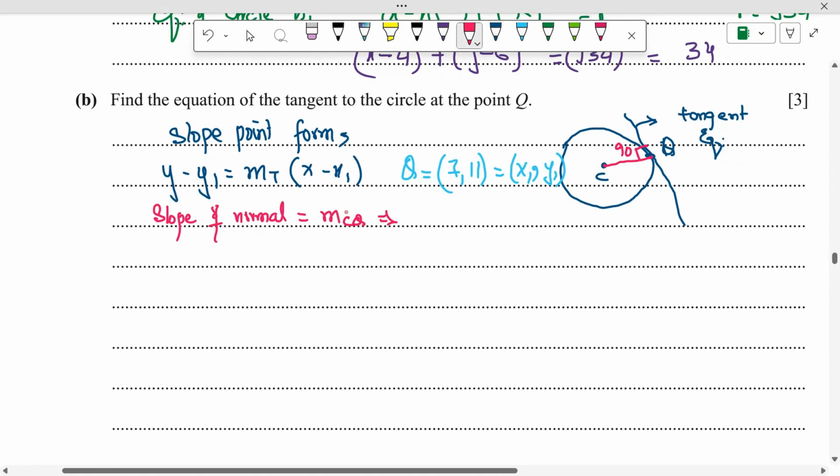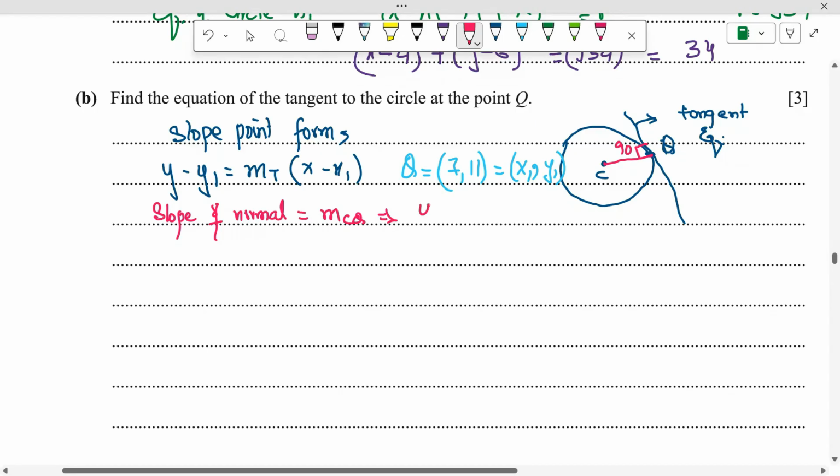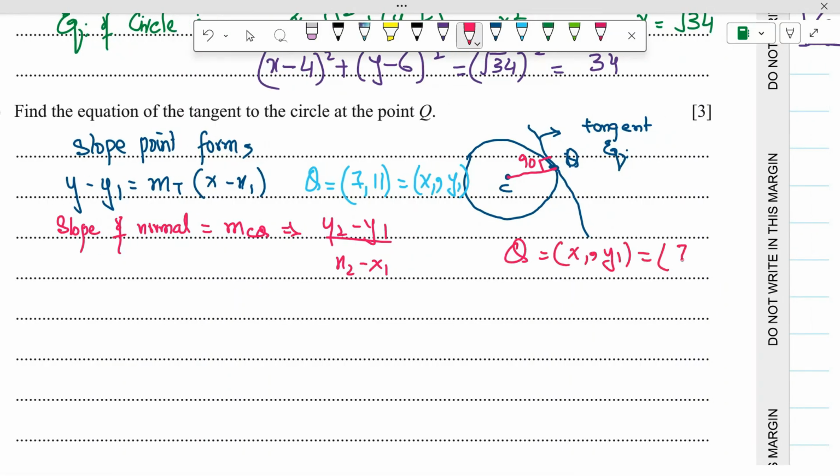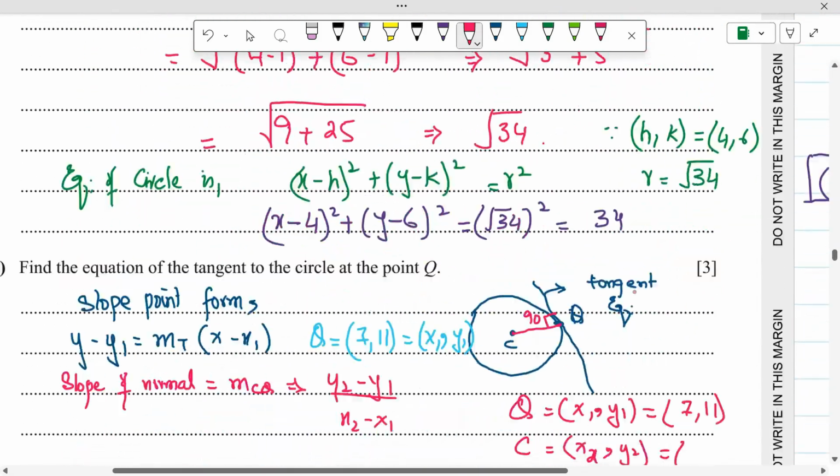So first we find the slope of CQ by using the formula, which is (y2 minus y1) over (x2 minus x1). In this case, Q is (x1, y1), which is (7, 11), and C we just calculated as the center, which is (x2, y2), equal to (4, 6).